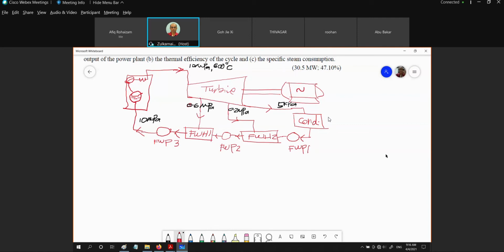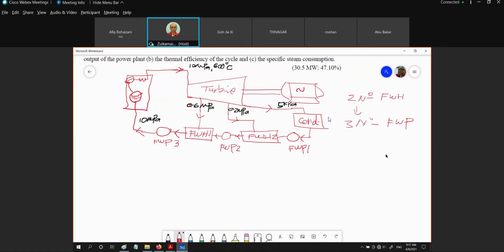So if we have 2 units of feed water heater, we need 3 units of feed water pump, because a feed water heater must operate in between feed water pumps. So here, feed water heater number 2. Here, feed water heater number 1.